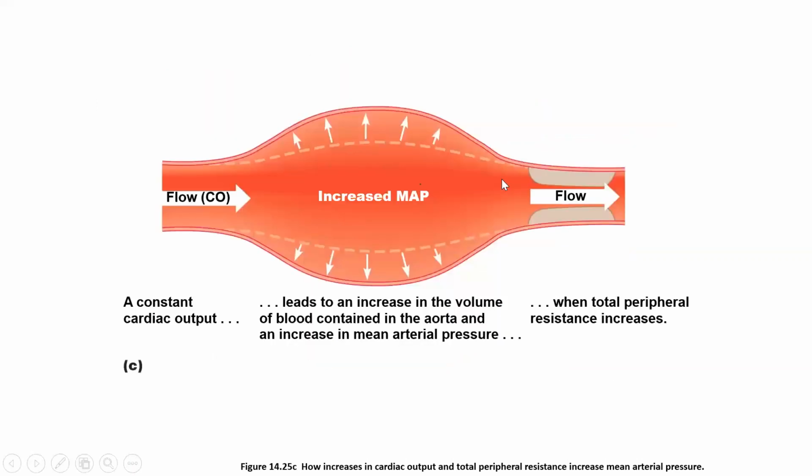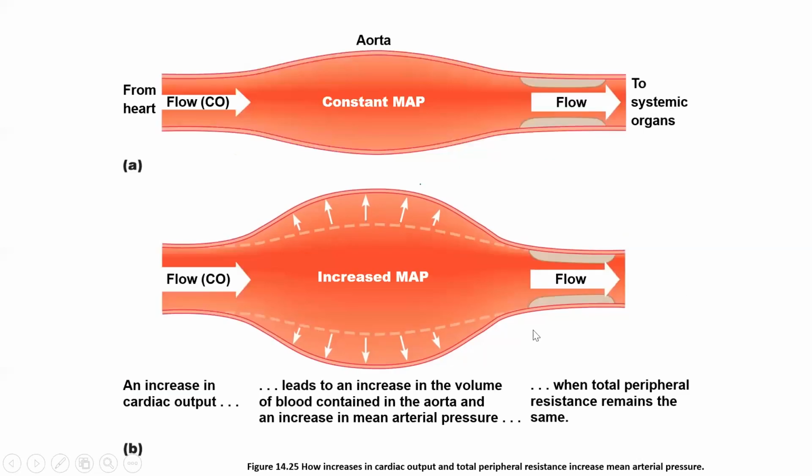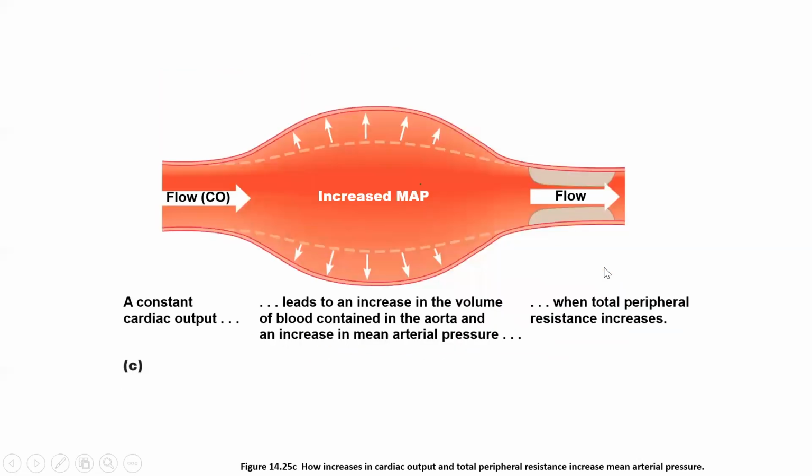And so when we keep resistance the same, that means we're basically keeping the lumen of those arterioles the same. And on the other slide here, we can see that if we keep cardiac output constant, but if our total peripheral resistance increases, in other words, our arterioles constrict or contract, that smooth muscle constricts or contracts, then our mean arterial pressure must also increase, okay? So just to summarize this one more time, if we increase cardiac output, mean arterial pressure has to increase to keep flow constant.